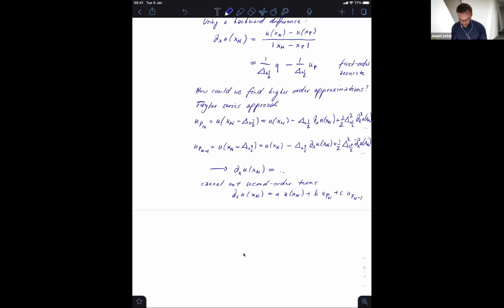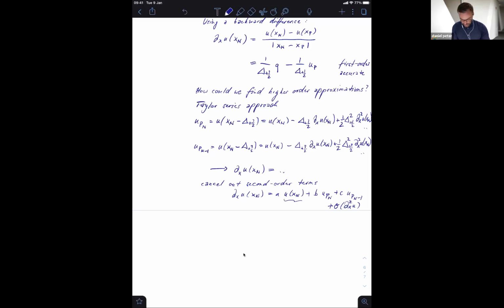And the rest would be then a truncation error that goes with the third order derivative of U, which means we would have at least second order accuracy. So the question then just becomes what are these factors A, B, C?